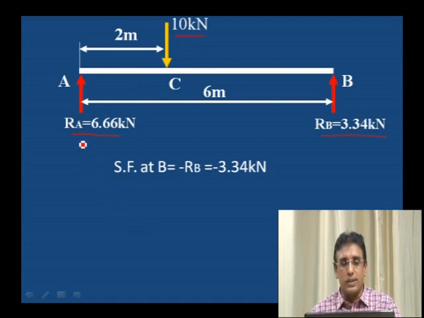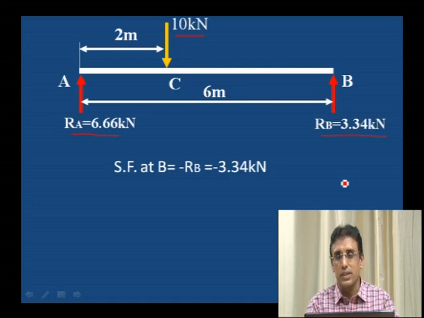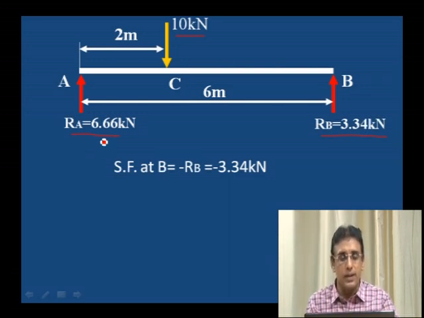To calculate the shear force, we need reactions at A and B. Whenever a simply supported beam is given, you should be careful. We have to calculate the reactions first. Without reactions, you should not calculate the shear force and bending moment values. Here, this is RB 3.34 and RA 6.66 kilonewton.